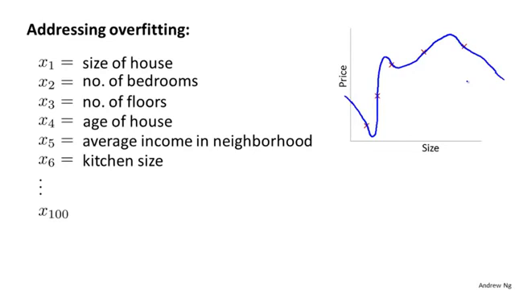So concretely, if we're trying to predict housing prices, sometimes we can just have a lot of different features, and all of these features seem maybe kind of useful, but if we have a lot of features and very little training data, then overfitting can become a problem.